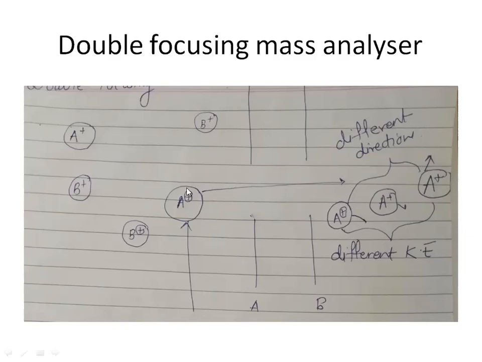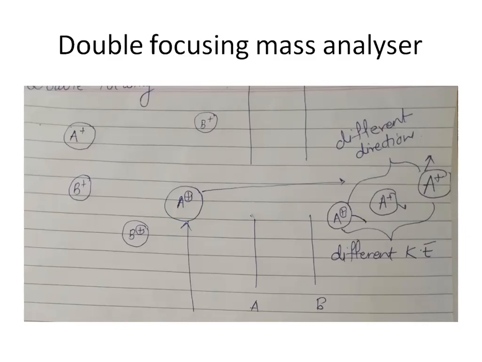So naturally, this ion is going to have higher kinetic energy in comparison to the ions which are far away. This is the first reason which results in a kinetic energy spread. Ideally, we need the molecules with the same kinetic energy, but this is not happening.